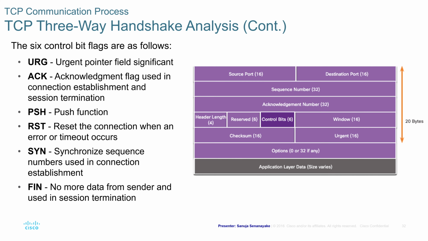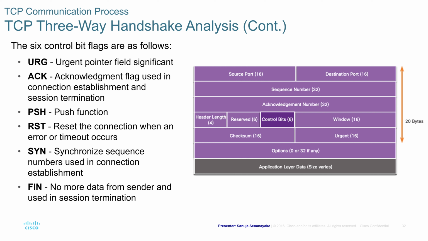TCP three-way handshake analysis. The 6 control bit flags are URG, ACK, PSH, RST, SYN, and FIN. So URG is the urgent pointer field significant. ACK is the acknowledgement flag used in connection establishment and session termination.